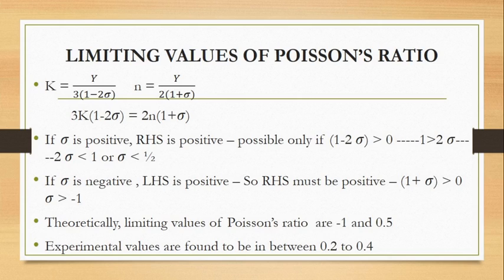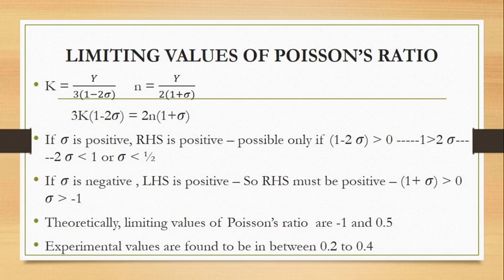So the LHS must always be positive. For the LHS to be positive, 1 minus 2 sigma must be greater than 0. If 1 minus 2 sigma is greater than 0, 1 must be greater than 2 sigma, or 2 sigma must be less than 1, or sigma must be less than 1 by 2. That is the first case, if sigma is positive.